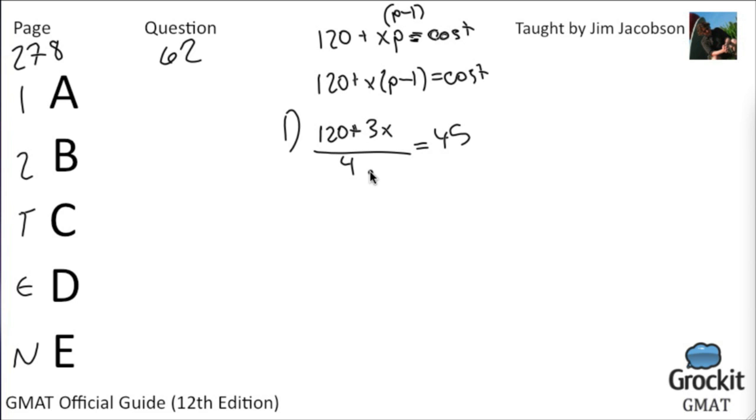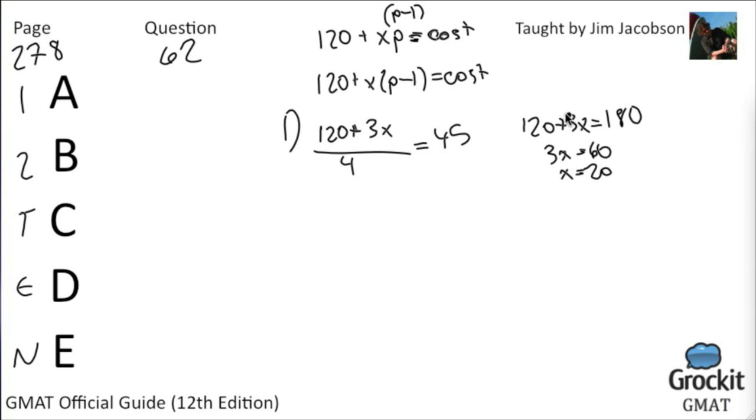This is a straightforward single variable algebraic equation. So it would be 120 plus 3x equals 180, and then 3x equals 60 and x equals 20.